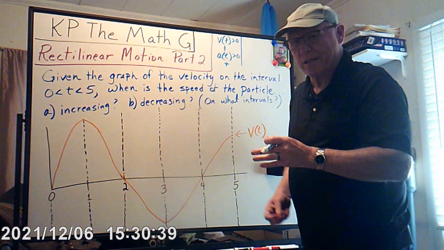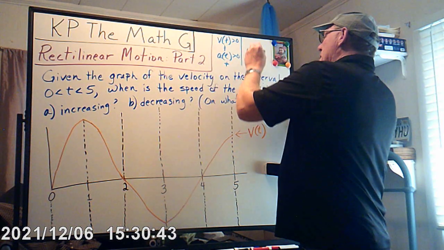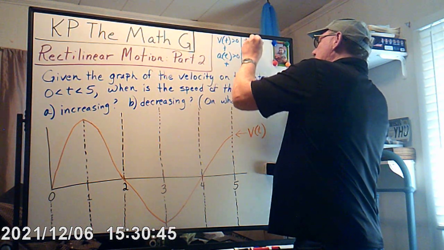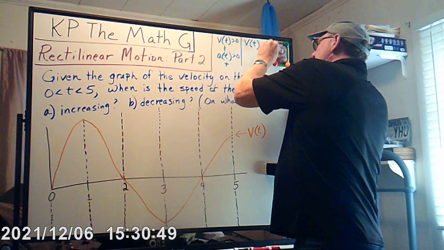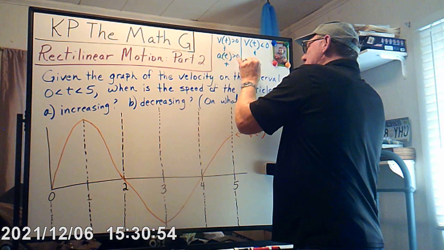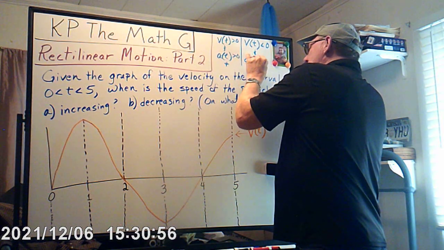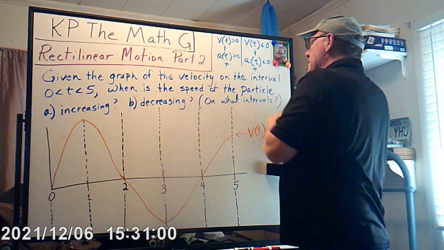I put a plus sign to represent increasing. It's also increasing if v at t is less than 0, negative, and at the same time a at t is also negative. This is also increasing.